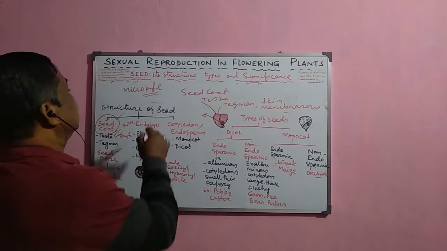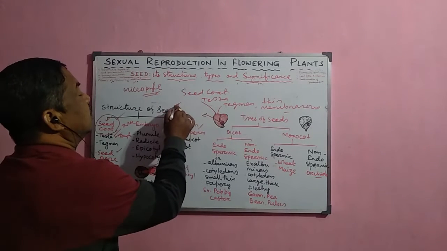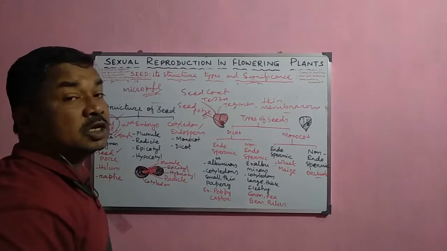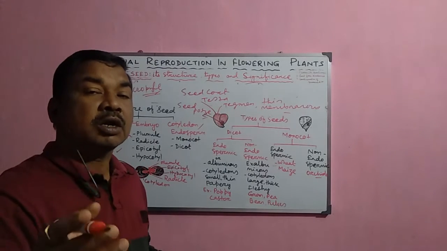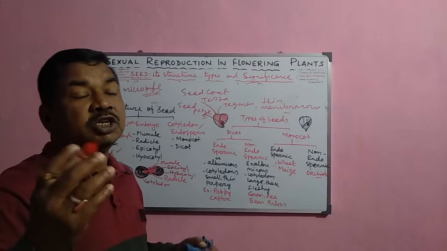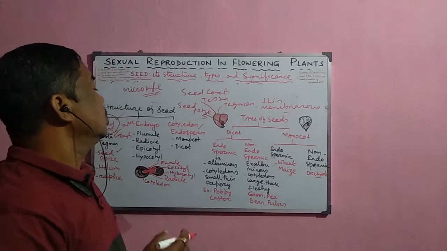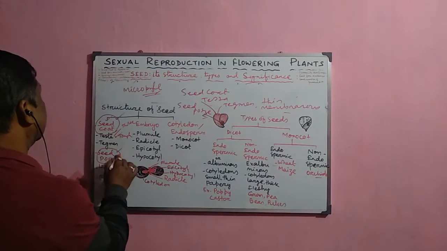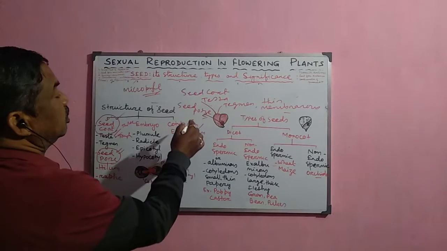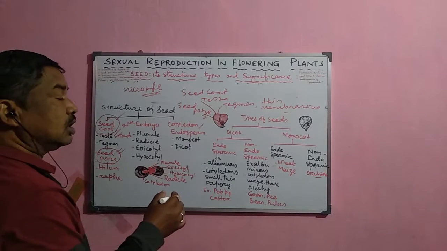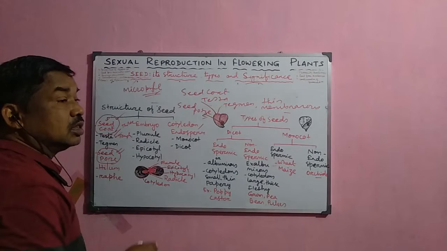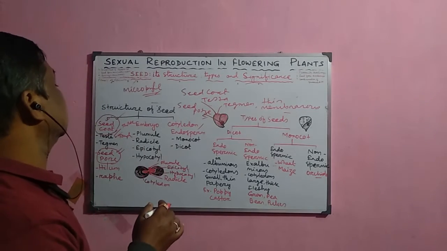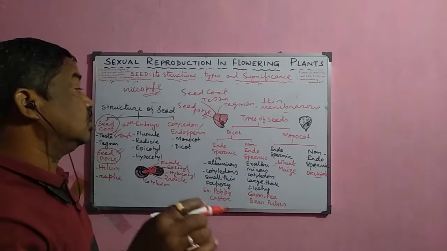Later on the micropyle develops into the seed pore, which is responsible for the entry of water into the seed, and gaseous exchange of oxygen also occurs through this pore. So this seed pore is important for different purposes, like exchange of water. When the water enters, only then does germination start, and during germination the need for oxygen is also more.